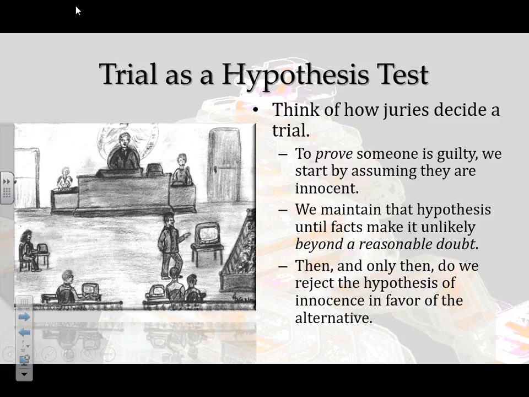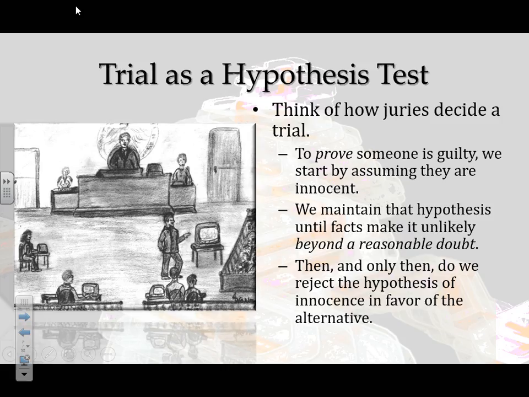Okay? So our null hypothesis would be that the defendant is innocent. That's how they start off the process, and they stay innocent unless we have facts that make it unlikely beyond a reasonable doubt. So we have enough proof to say, well, that innocence claim is not true. We don't believe that. We're going to find him guilty instead.